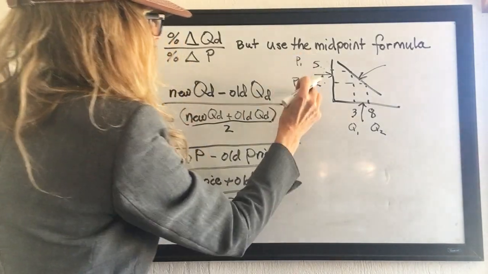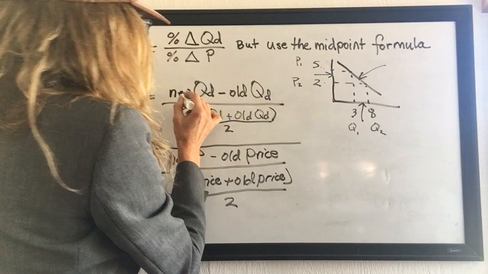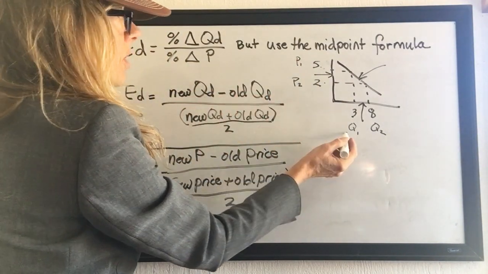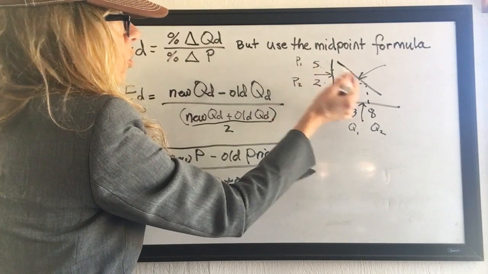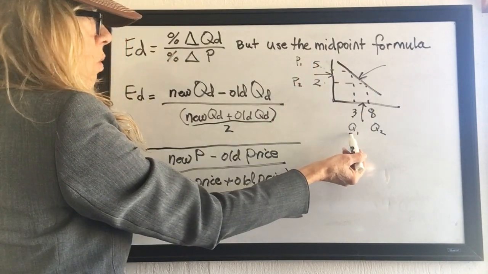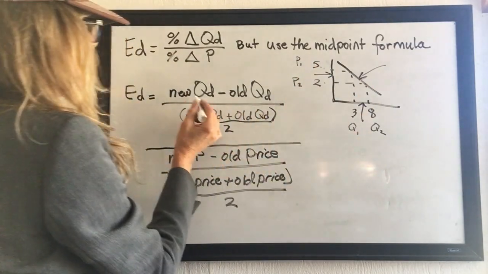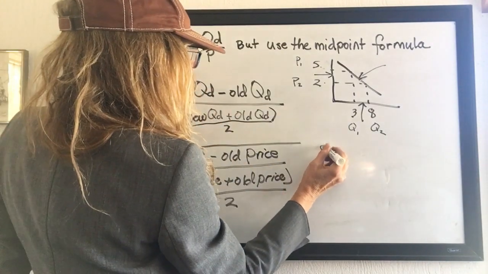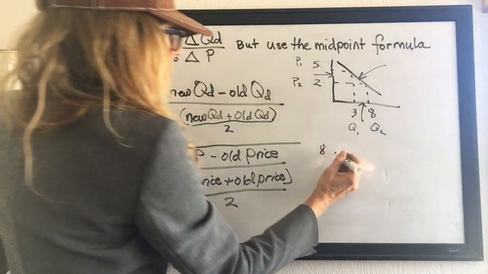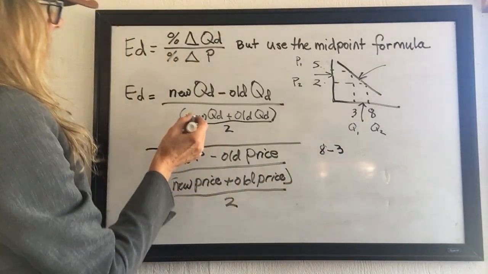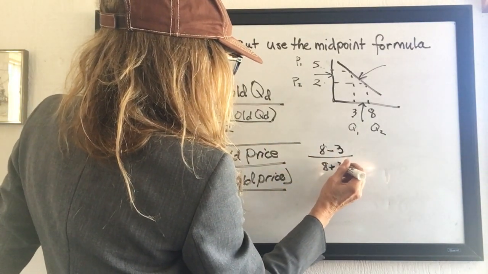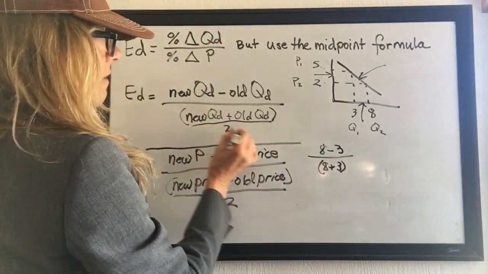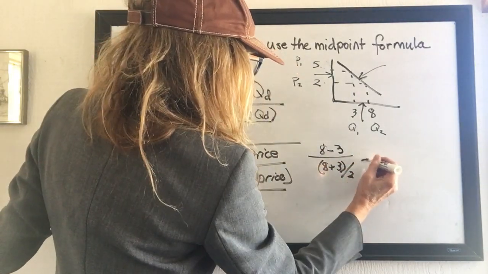Okay, so let's go down in price, and we can say new number minus the old number for quantity demanded. So if P1 is the old price, this is the old quantity demanded, this is the new one. So the new quantity demanded is 8. The old quantity demanded was 3. The new plus the old equals 8 plus 3, divided by 2.